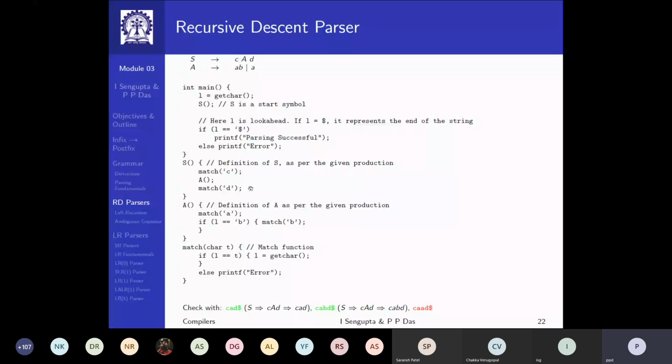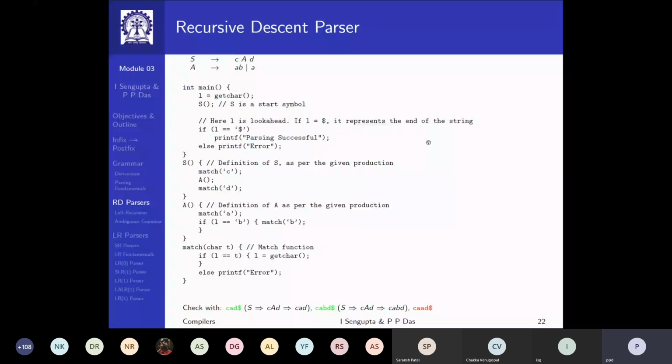So main is calling S, which is obvious. Now S calls A, so that basically you know this A is getting expanded. Then A is calling this. So you just need to keep on tracing what functions are getting called. That's a programming task, and you will get the derivation that's happening. So it is quite obvious how the correct string will go.